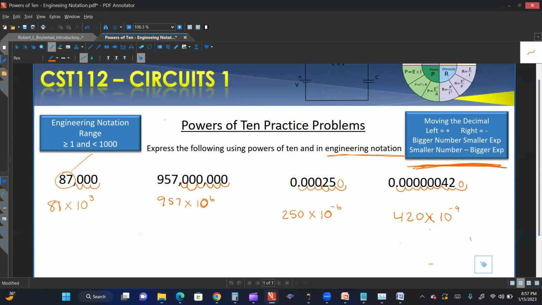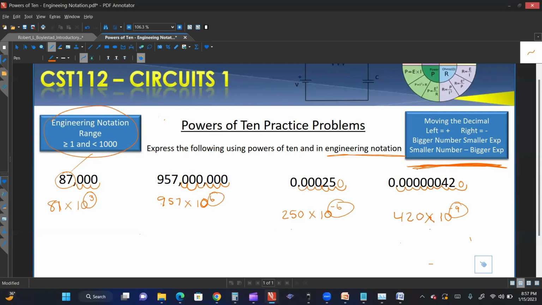So pretty straightforward. Just remember the criteria for engineering notation: the number has to be greater than or equal to 1 and less than 1,000, and you want to move in multiples of 3. So the exponents of the power of 10 need to be a multiple of 3.